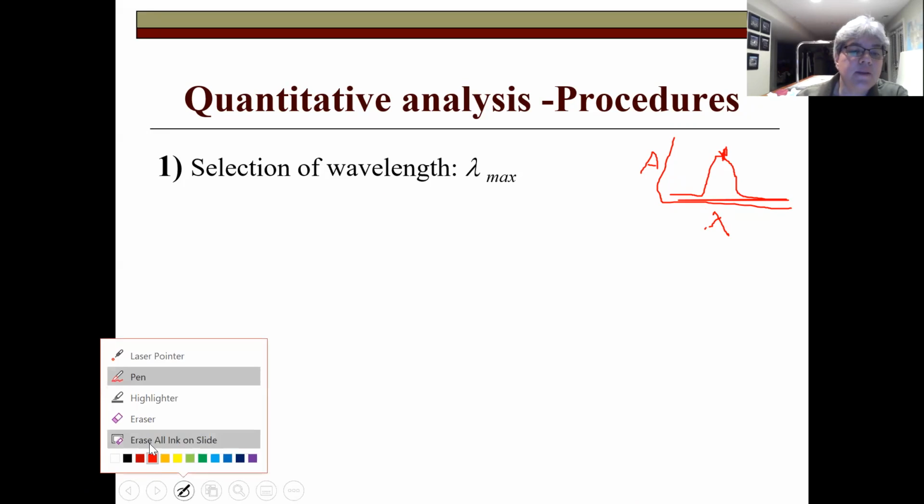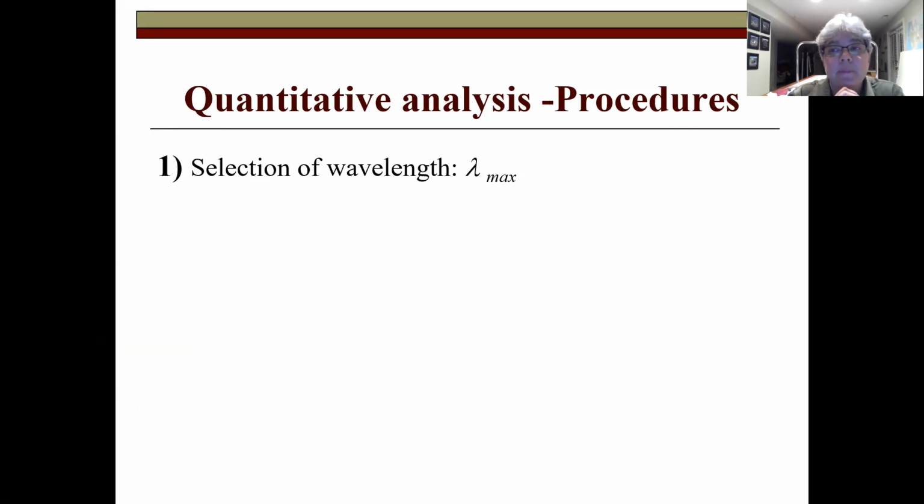Now, why do we select lambda max? There are 2 reasons. If you have been paying attention, you know that I have already asked this question several times. This is a very important question. It is one of the key points for this chapter, and I guarantee that on the next quiz and the final exam, maybe one, maybe both, you will see this question.